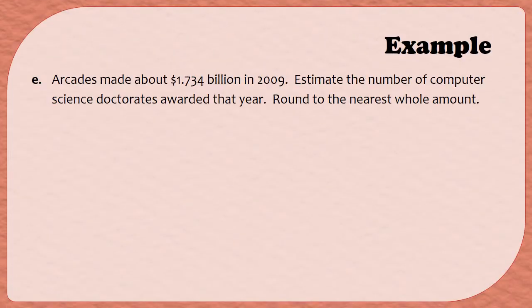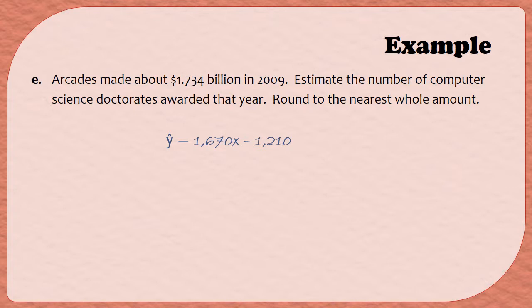Okay, so now that we've found an equation of the least squares regression line, let's use it to make an estimation. So it says that arcades made about $1.734 billion in 2009. Estimate the number of computer science doctorates awarded that year. We're going to round our answer to the nearest whole amount. So I've written down the least squares regression line that we just found.